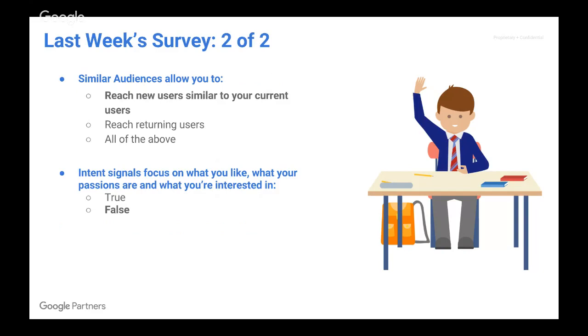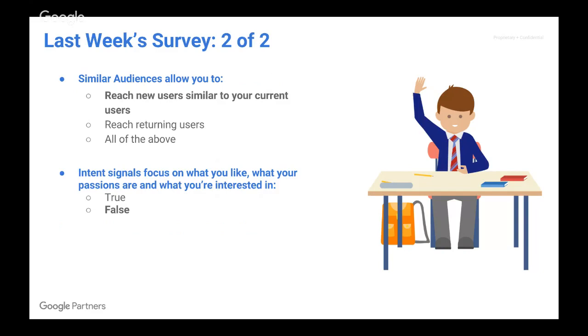Some people got it wrong. Difference between intent and interests. Intent signals focus on what you like, what your passions are, and what you're interested in. This is false. These are interest signals. Intent signals focus on what you are about to do. For example, an affinity audience that classifies you as someone passionate about fashion is focusing on interest signals.